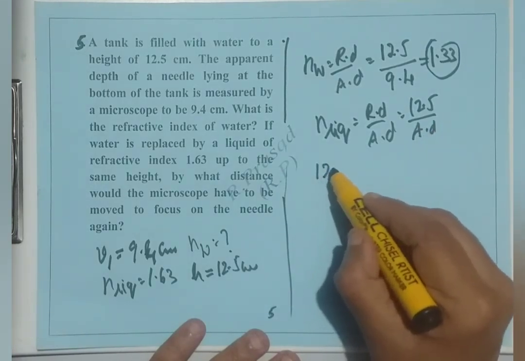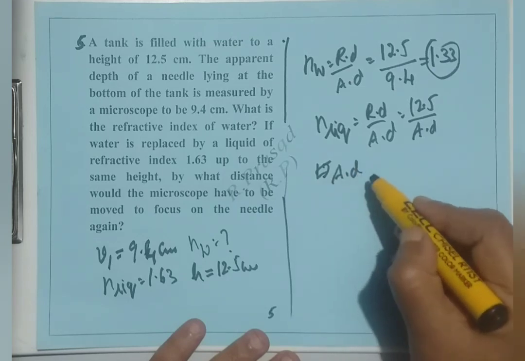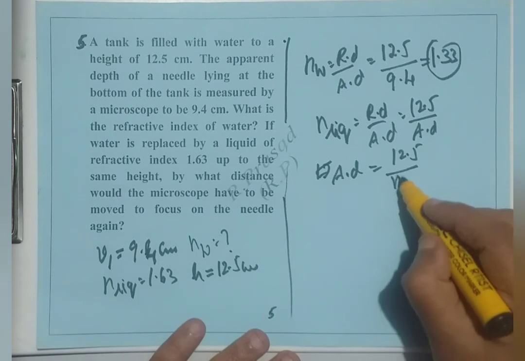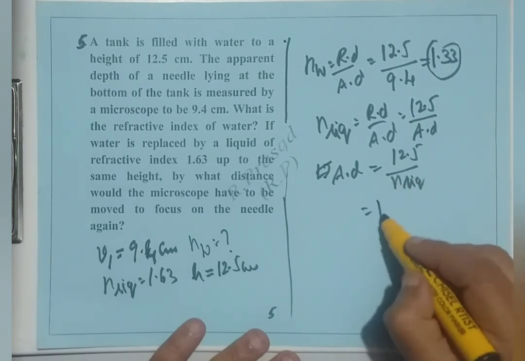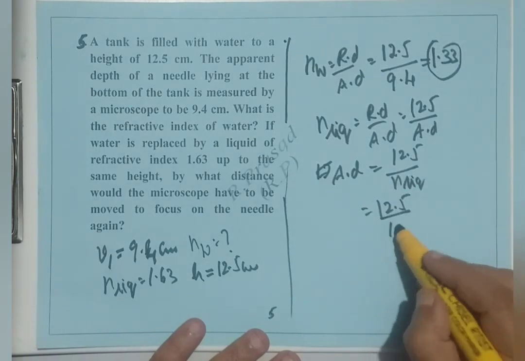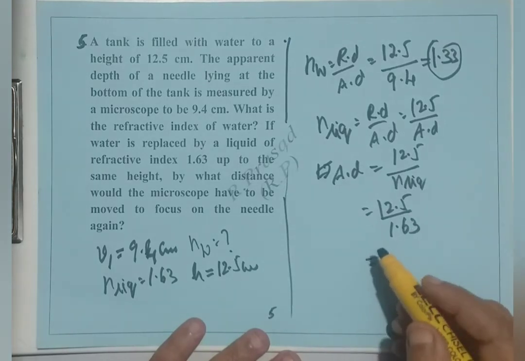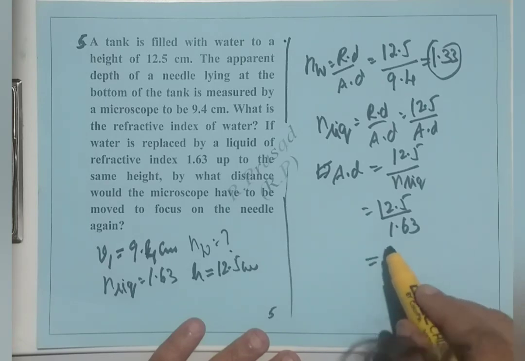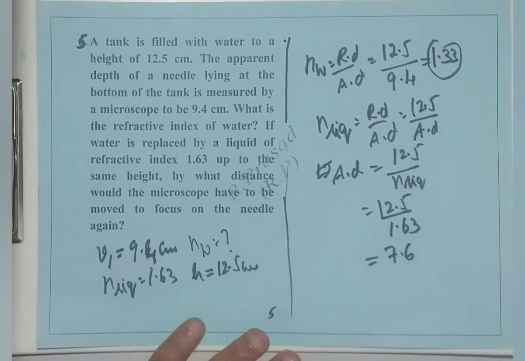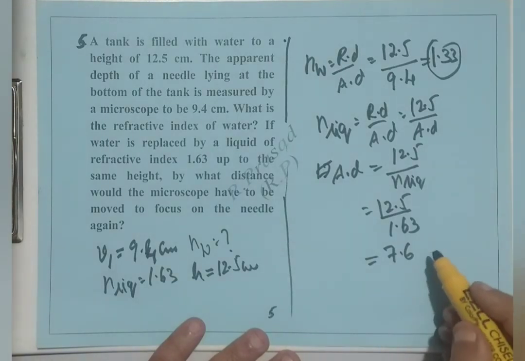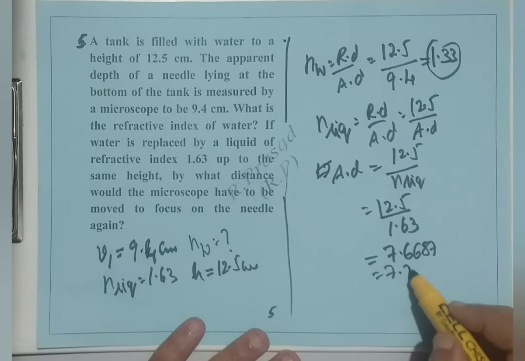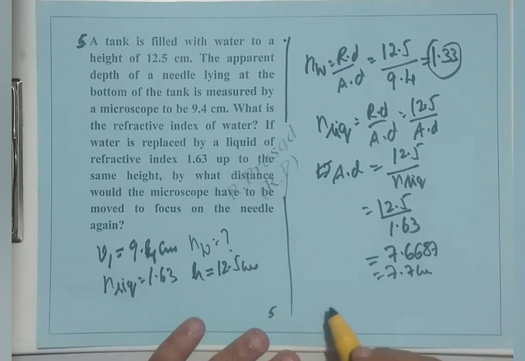Therefore, apparent depth in liquid equals 12.5 by N liquid, given everything, 12.5 by 1.63, which amounts to be apparent depth is 7.6687 or 7.7, I can take centimeters.